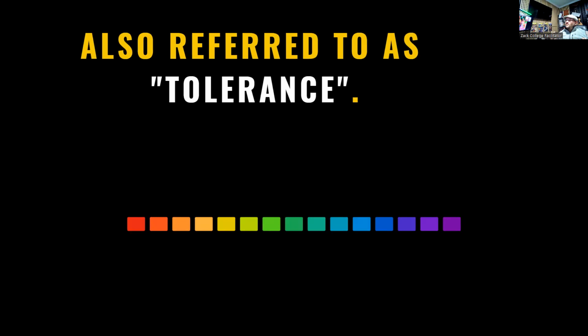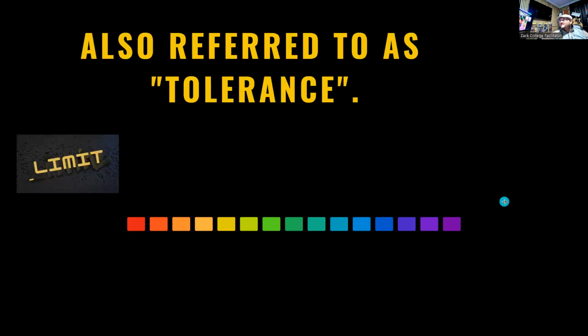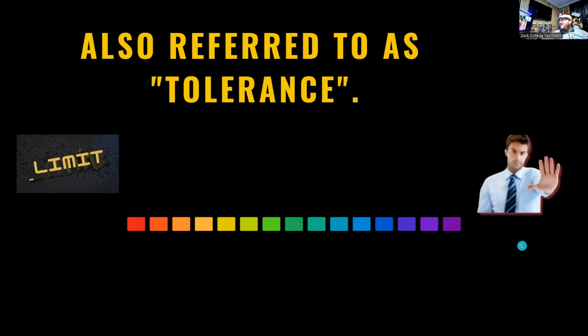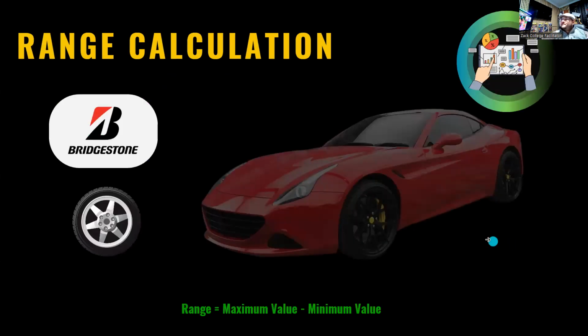We can associate range as also tolerance. My tolerance is my limit and my maximum value. I want you guys to take a couple minutes and we're going to do a little case study with Bridgestone. They manufacture tires, but essentially we have their tires that they produce.